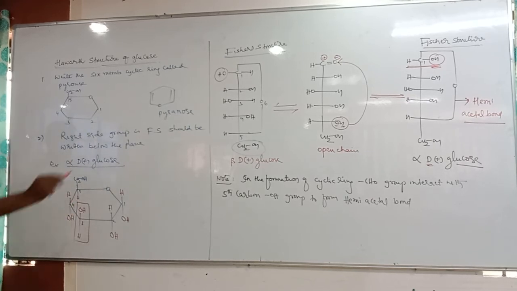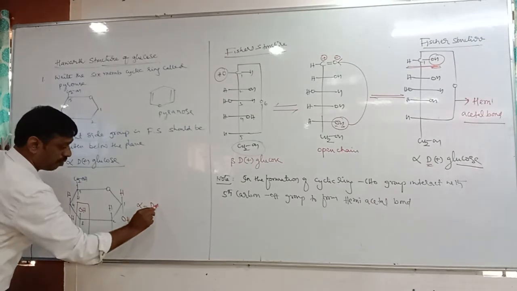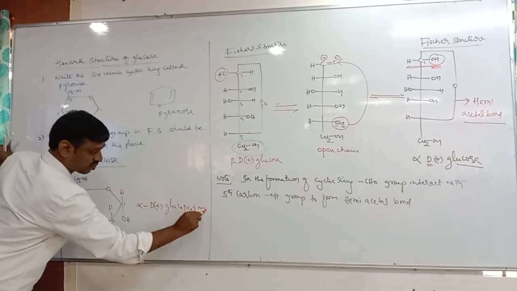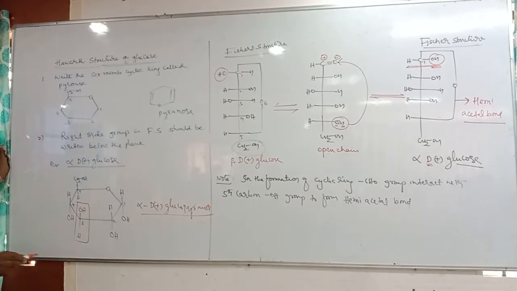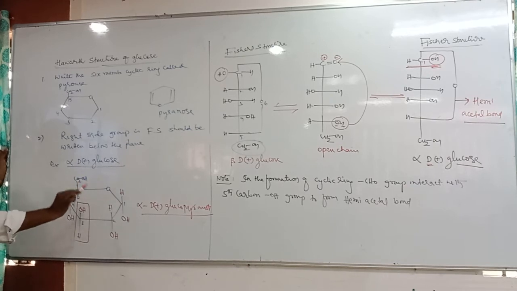Now this is alpha D plus glucose, which is also called alpha D plus glucopyranose. Why is it called glucopyranose? It has a pyranose ring. Therefore, it is alpha D plus glucopyranose.